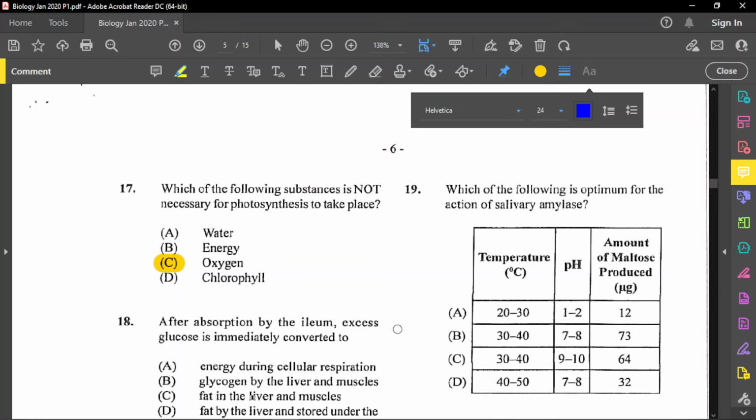Let's go to 19 and go to 18 afterwards, since 19 is best shown right here. It said which of the following is optimum for the action of salivary amylase. Now, let me just tell you quickly. When we talk about salivary amylase, what you need to remember is that this is happening in the mouth, because it's salivary amylase. Your mouth should be almost neutral, very, very close to neutral.